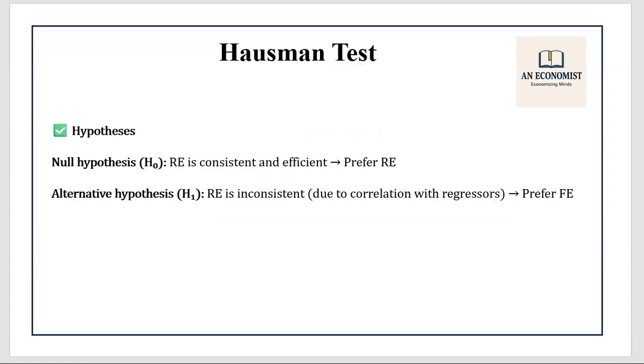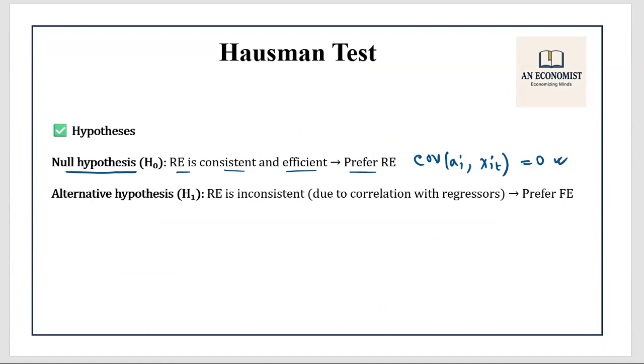Now let us formally define the null hypothesis and the alternative hypothesis. The null hypothesis, which is denoted as H naught: our assumption is that the random effect model is consistent and efficient, which means that we prefer the random effect model. So the null hypothesis assumes that the covariance of αᵢ and xᵢₜ is basically zero.